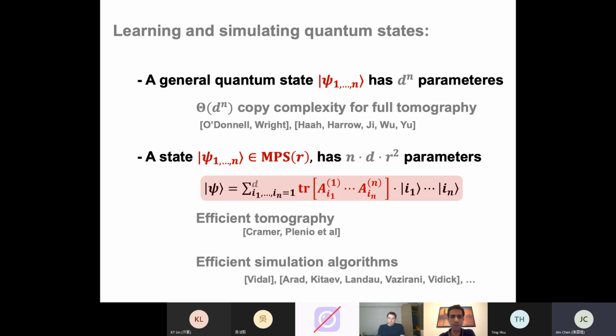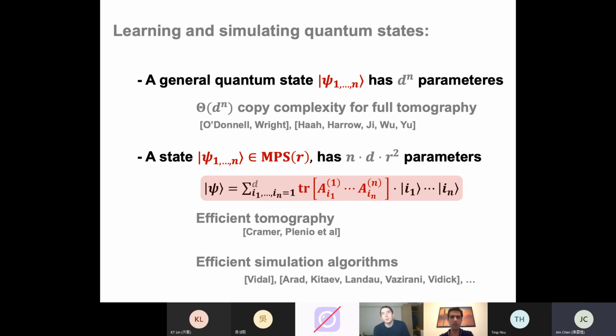And I don't know if we know the optimal tomography algorithm for MPS, but usually it's the case that the optimal algorithm has a copy complexity proportional to the number of unknown parameters that you want to learn. So in this case, for MPS, we have n times d times r squared parameters. So let's say the copy complexity of tomography is that. And then you just use your algorithm, you learn, and you then test if the bond dimension was R or not.